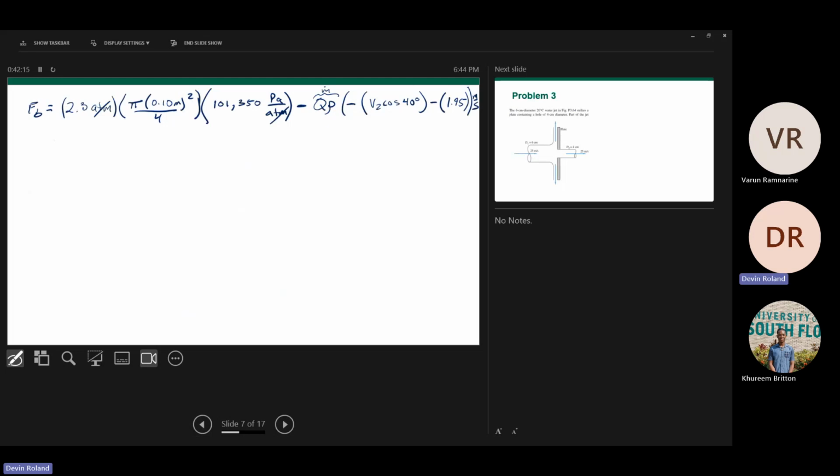And then our m dot, if you calculate that value, is 15.27 kilograms per second. So when you crunch those numbers, you're going to find the force in your bolts is 2,112.8 newtons.